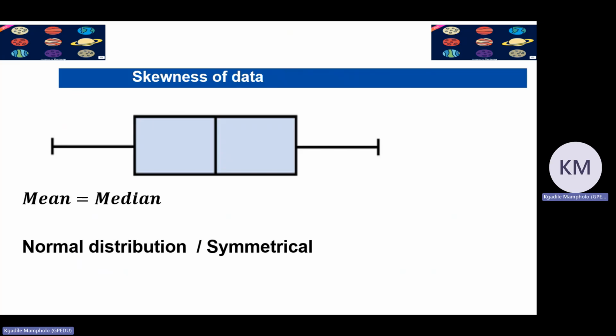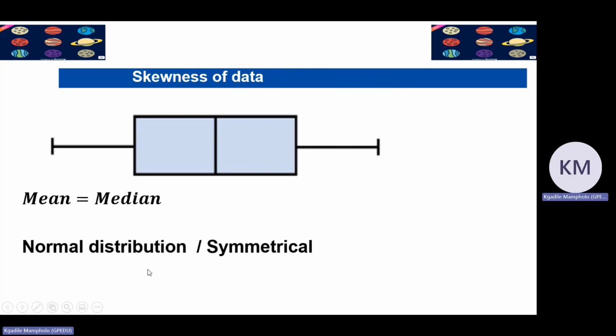Now, skewness of the data. If you have a box and whiskers diagram where the space between the Q1 and the median equals the space between the median and the Q3, or when mean equals the median, then we say there's a normal distribution.